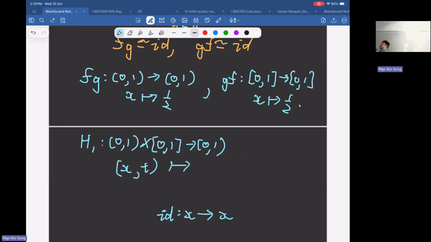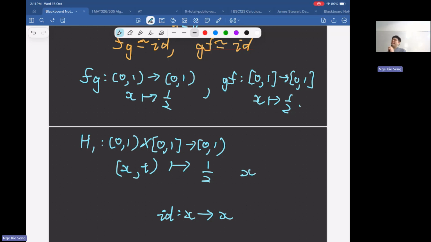The starting point is a constant map, and the ending point is an identity map. At t equals 0, only half. At t equals 1, it is x. How, Adrian? Starting is half, ending is x.